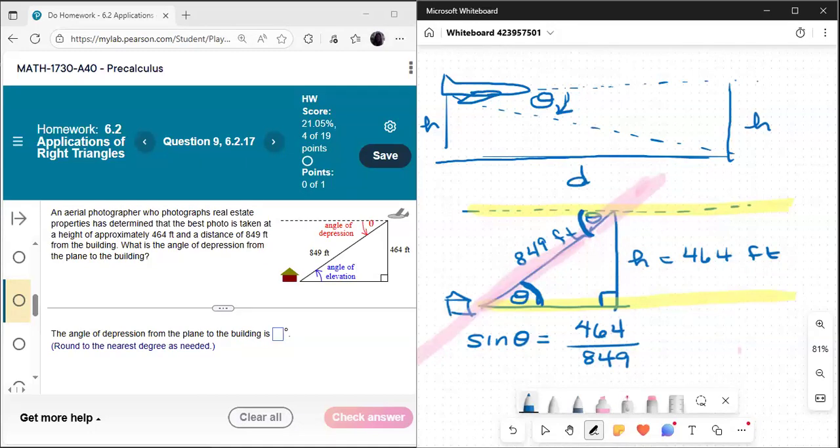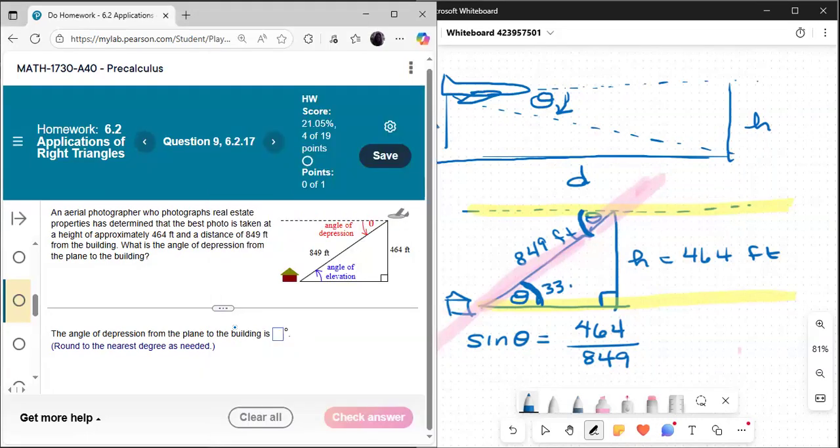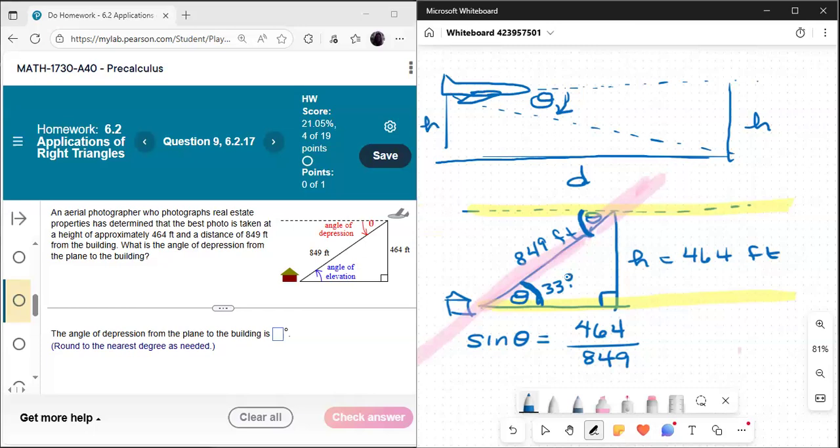To solve for theta, we have the inverse sine or the arc sine of 464 divided by 849. And so that angle is 33 point, let's see what they want, to the nearest degree. Okay, so 33 degrees. Therefore, the angle of depression is also 33 degrees.